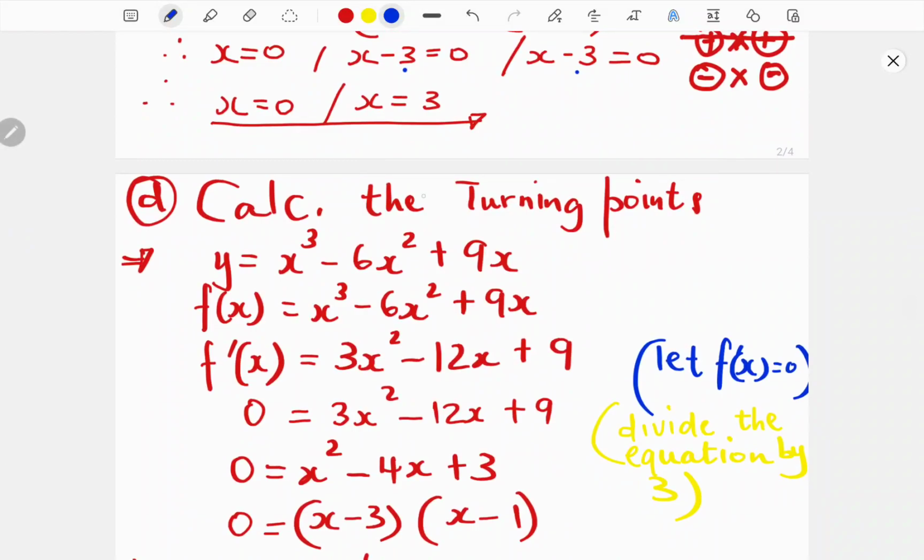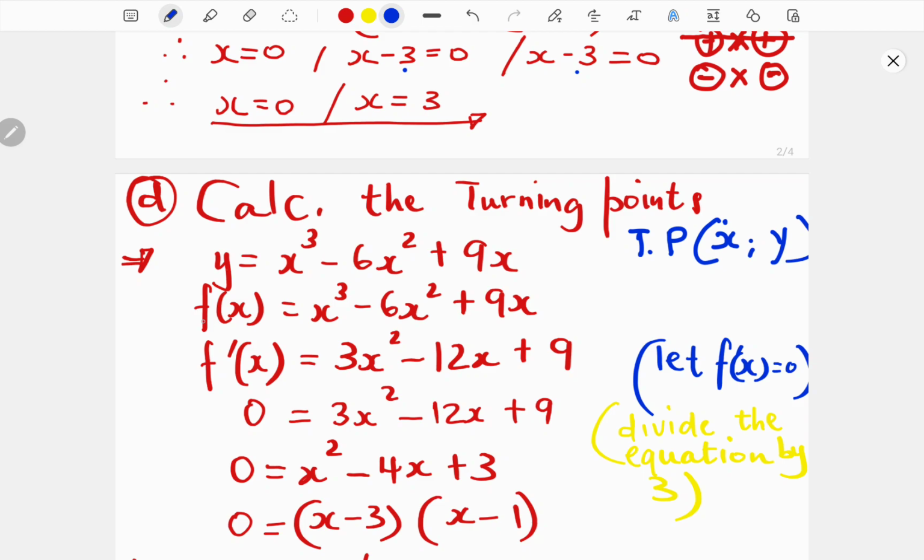Question D says calculate the turning points. The coordinates of a turning point are made up of x values and y values. So we're going to start by calculating the x values. We're going to say y = x³ - 6x² + 9x.